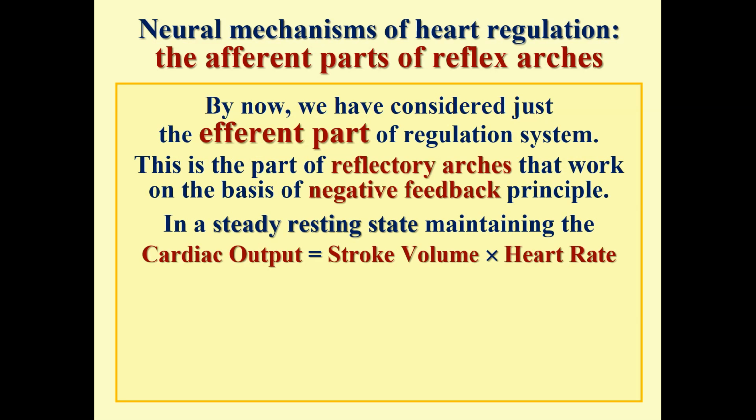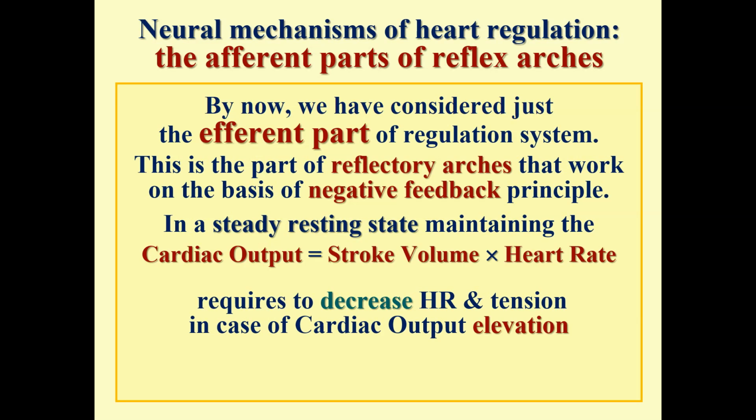In a steady resting state, we maintain the cardiac output, which is the product of stroke volume multiplied by heart rate. And in case of cardiac output elevation, if cardiac output becomes too high for the resting state, we need to decrease both rate and tension, because tension determines the stroke volume.